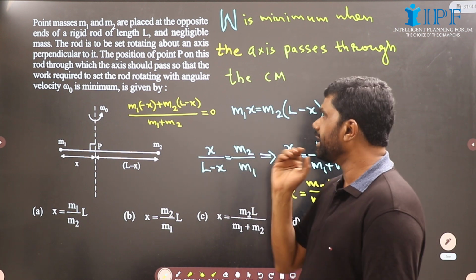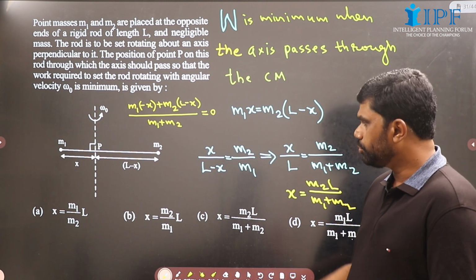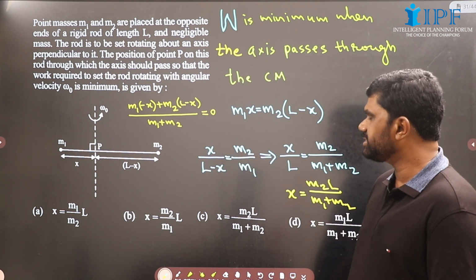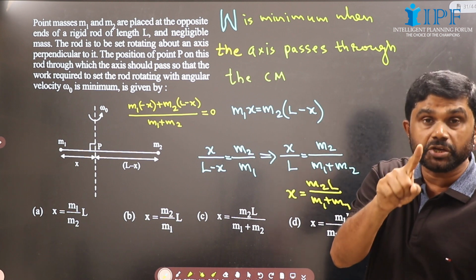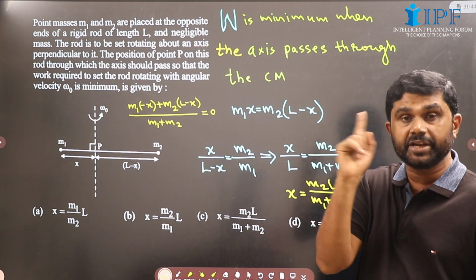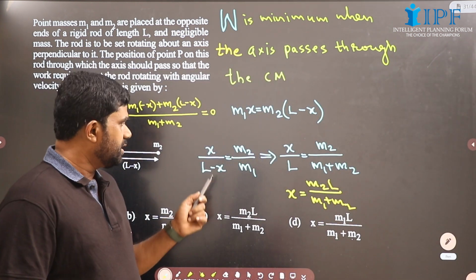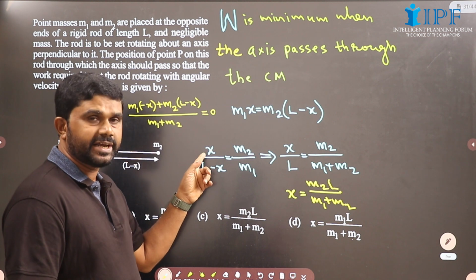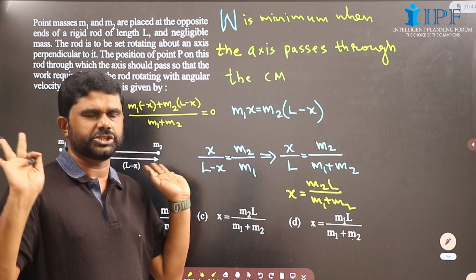Okay, so we will get m1 x equals m2 into (L minus x). So here we will get x by (L minus x) equals m2 by m1. Now let us apply the componendo dividendo rule. I have explained the componendo dividendo rule many times before. Now see, the numerator here is x, that I have kept as it is, no change.